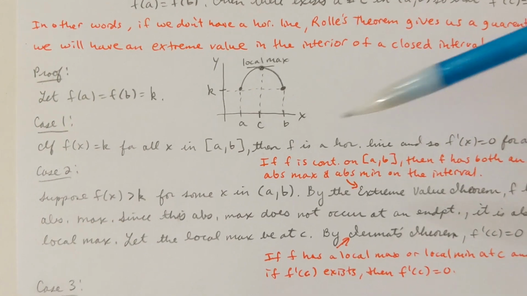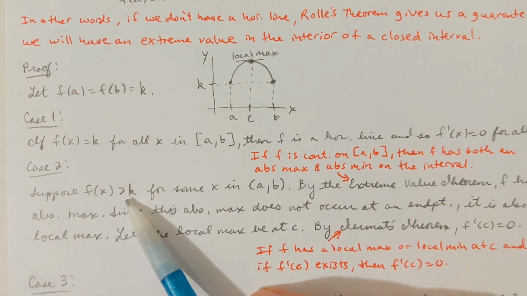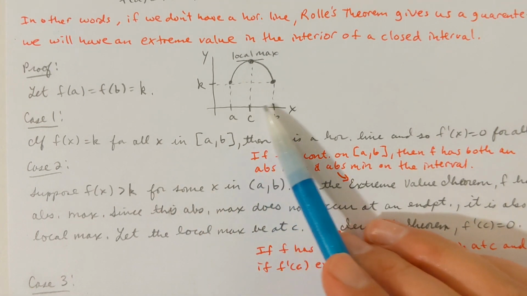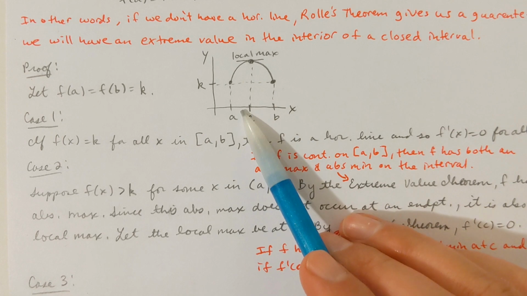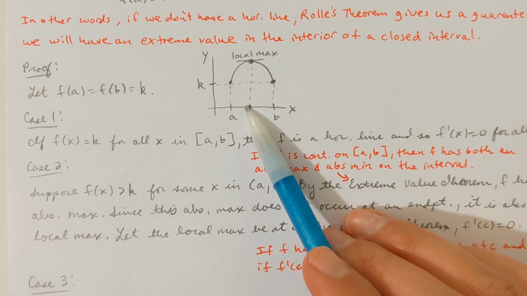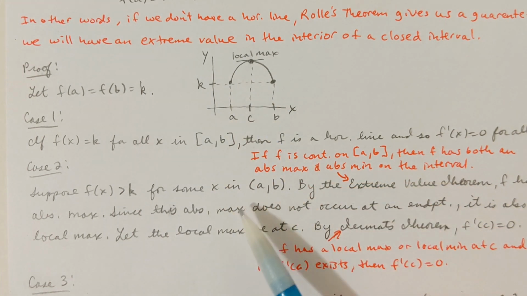So here's case 2. Suppose that f(x) is greater than k. Like suppose that somewhere between a and b, you have some x value that is producing a y value that is bigger than k.